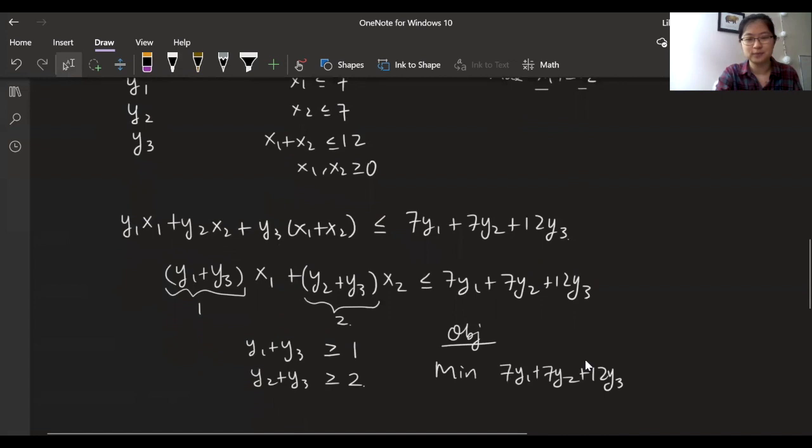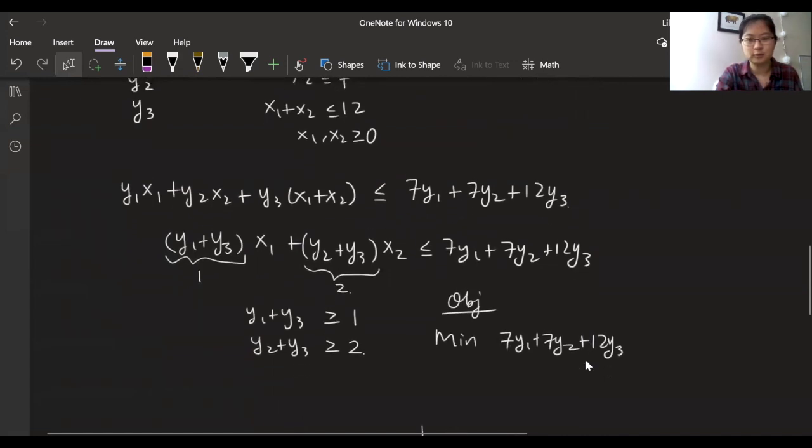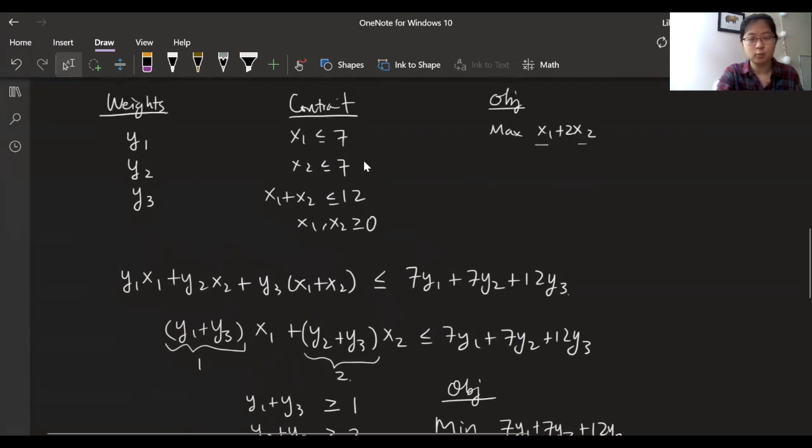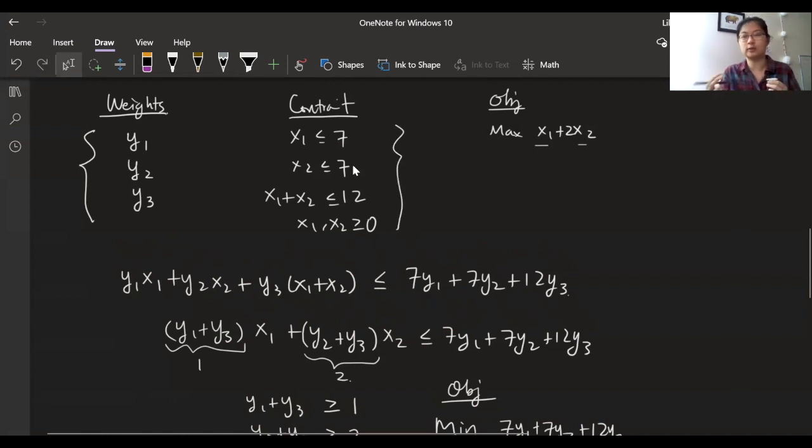So you might be thinking, this is looking more and more like a linear program. You have an objective function, you have these constraints, and we have one more which just says y1, y2, and y3 all have to be bigger or equal to 0. This is just because we are multiplying weights with these constraints, and these constraints are inequalities.